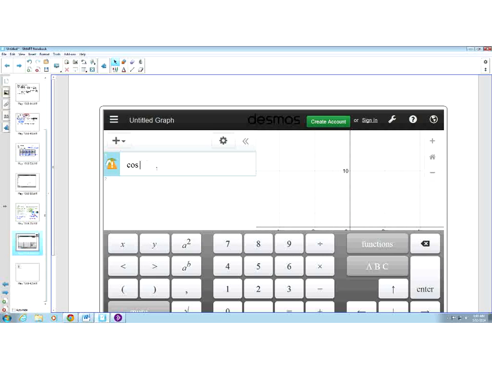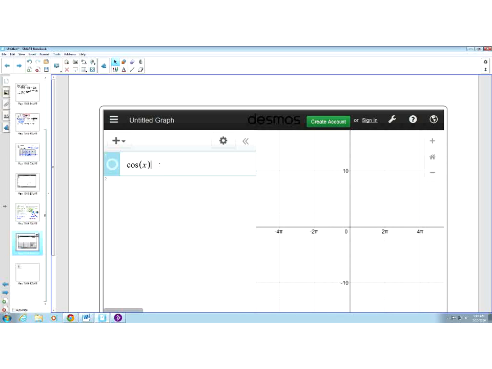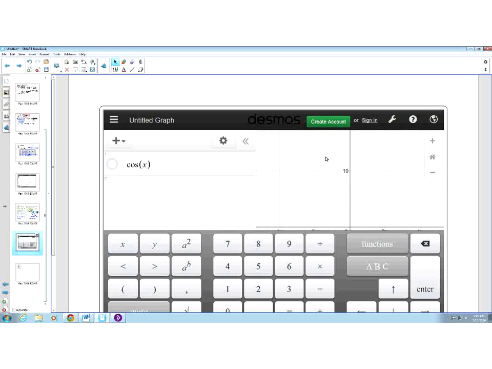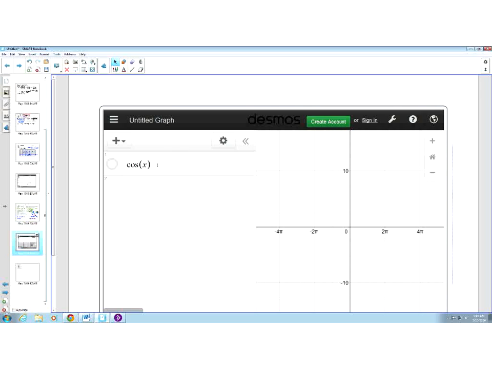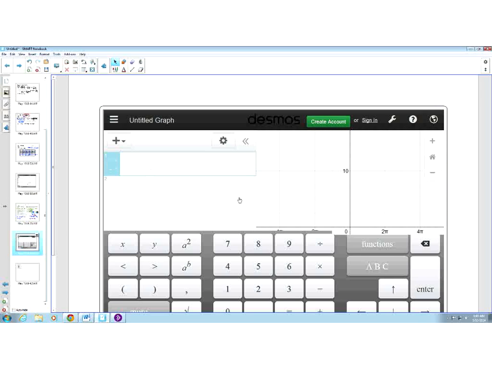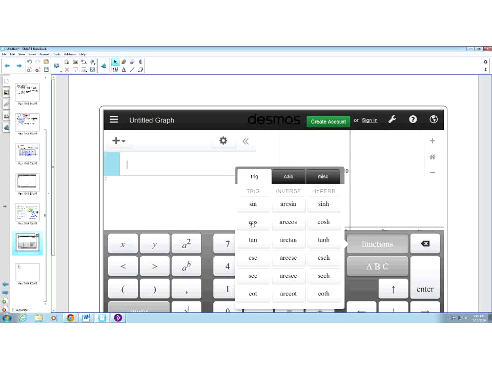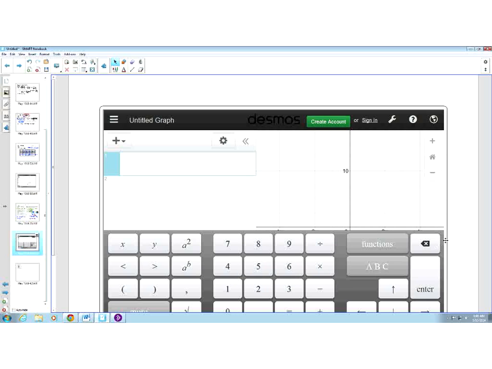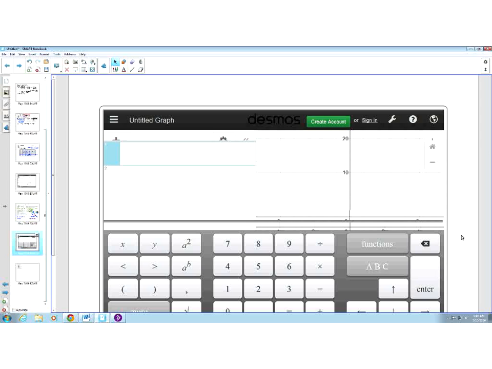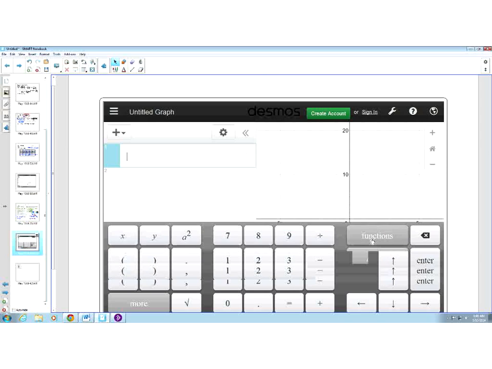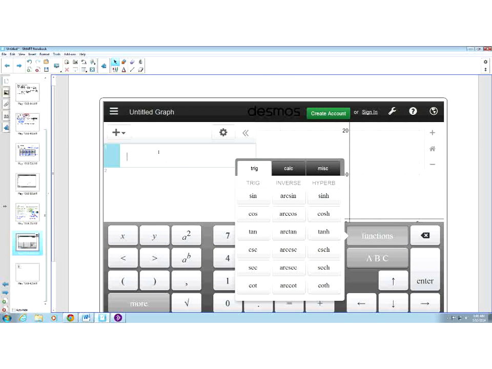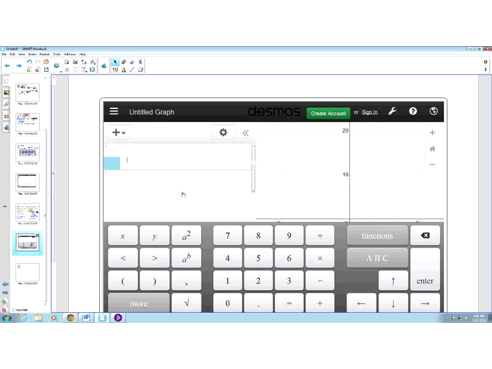Cosine x. This calculator seems to be having difficulty.